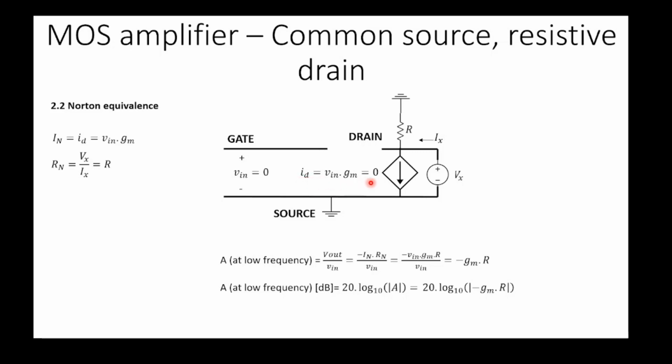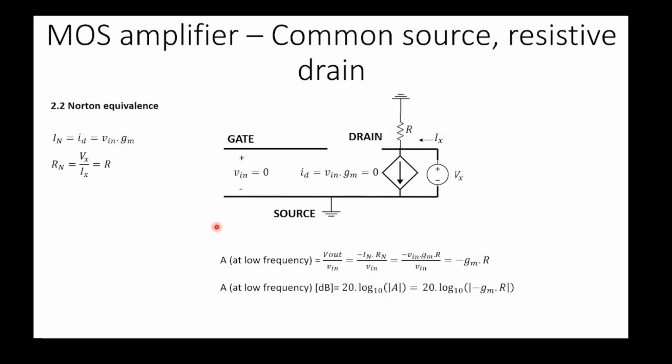If ID is 0, it means our voltage-controlled current source is open. It means our Ix current can only go through this resistance R and go to the ground. So if we take the ratio between Vx and Ix, Rn equals Vx over Ix, which equals the resistor R.